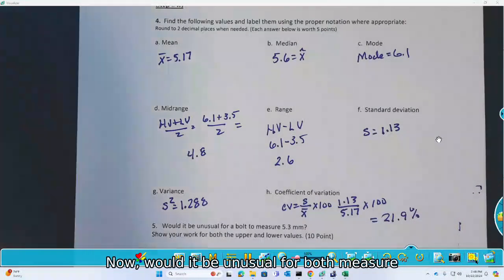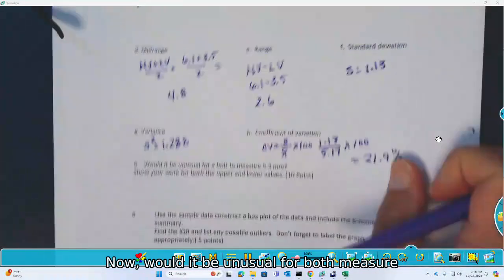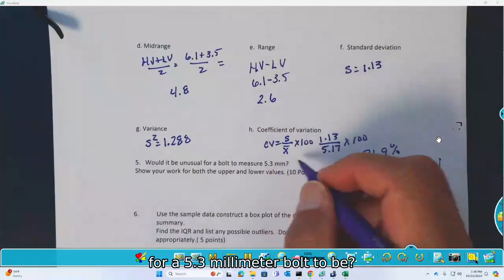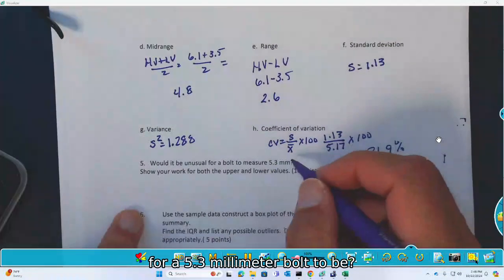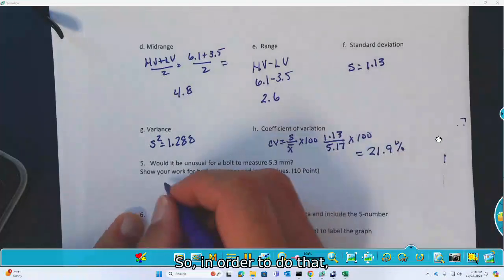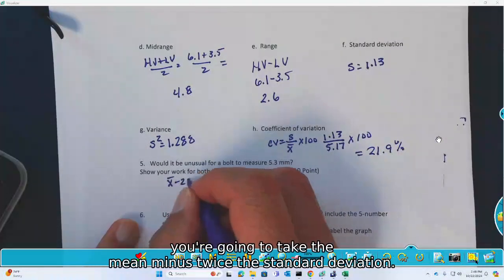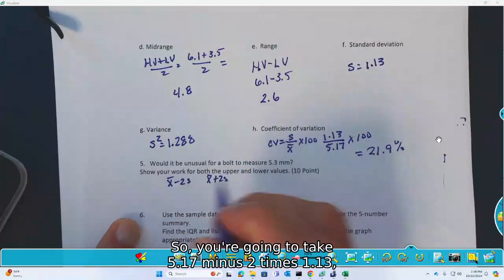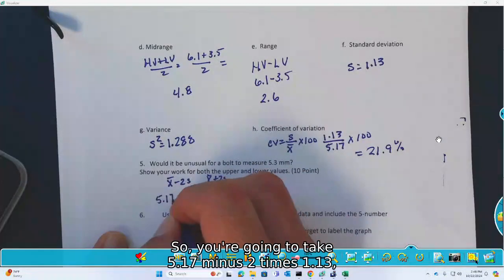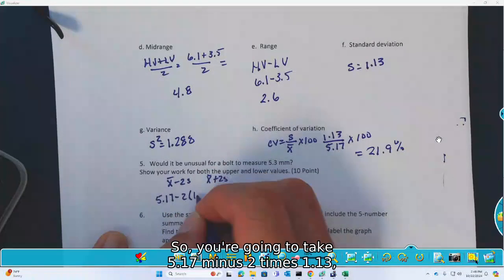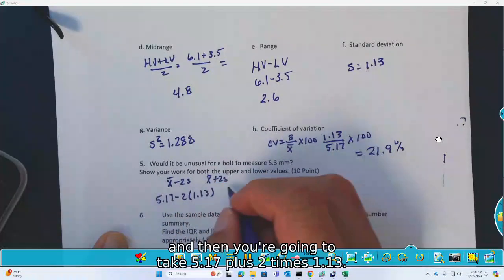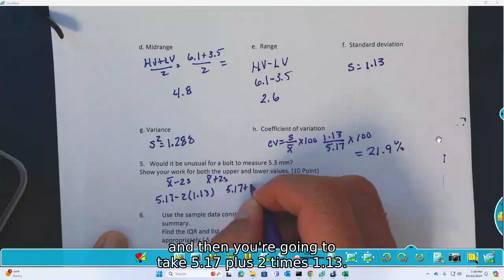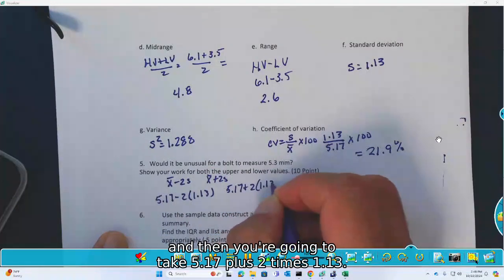Okay, now would it be unusual for a 5.3 millimeter bolt to be? In order to do that, you're going to take the mean minus twice the standard deviation, and the mean plus twice the standard deviation. So you're going to take 5.17 minus 2 times 1.13, and then 5.17 plus 2 times 1.13.